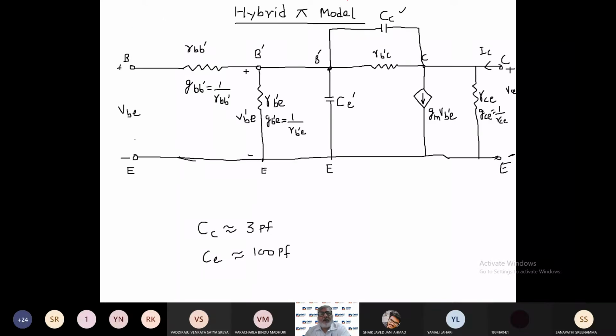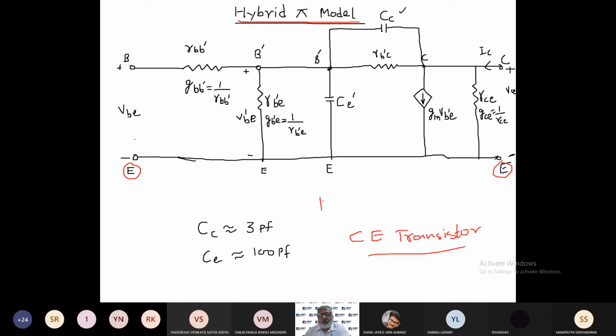So now, if we draw the hybrid pi model, then it looks like this. See, emitter is common. We are drawing the hybrid pi model of a common emitter transistor, right? Only this is in the syllabus, common emitter transistor hybrid pi model.